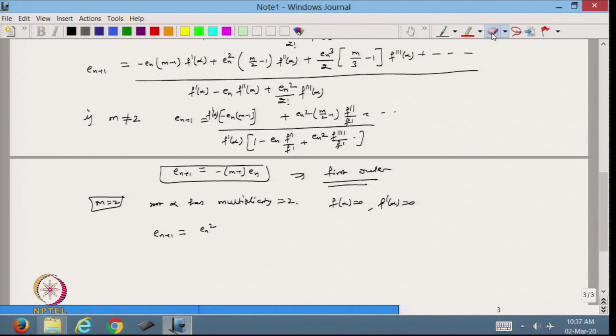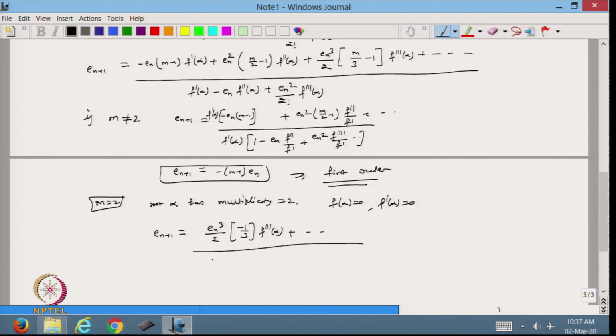I will get only this term, E n cube by 2, and m is 2. So, it will be 2 by 3, so minus 1 by 3 and f triple dash alpha and all the other terms divided by. So, this will cancel.